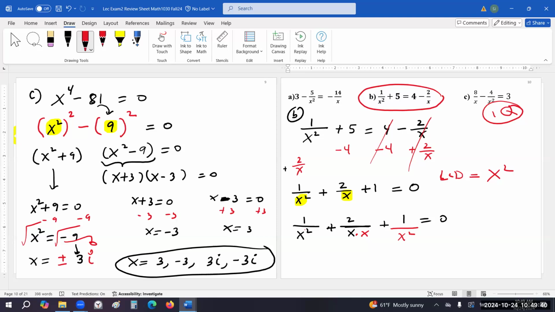So whatever we do on the denominator, we must do on the numerator. What do we do next? We combine the numerators. So we have 1 plus 2x plus x squared, whole thing over our denominator x squared.